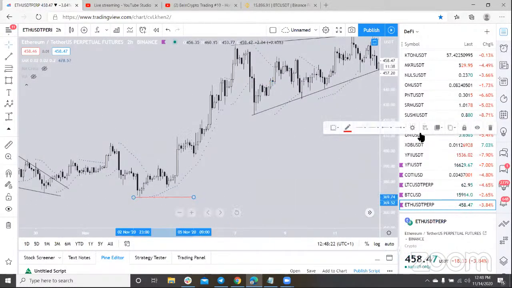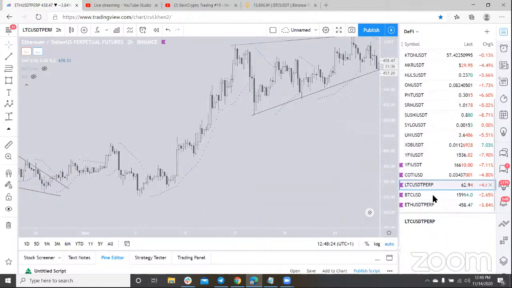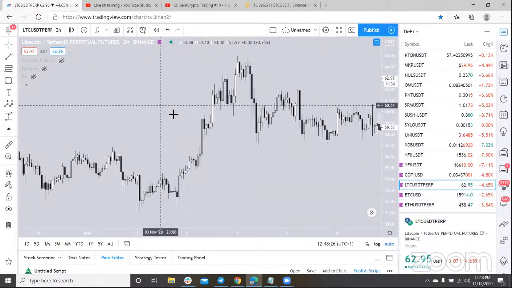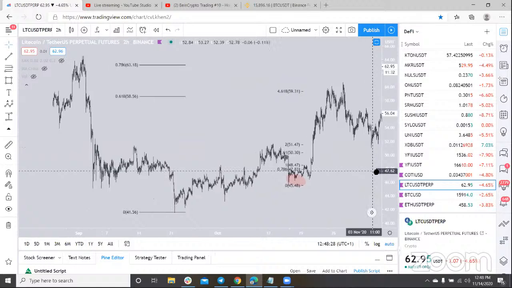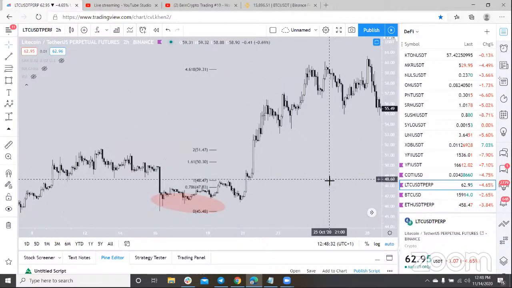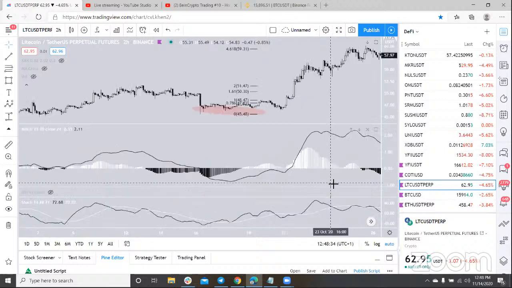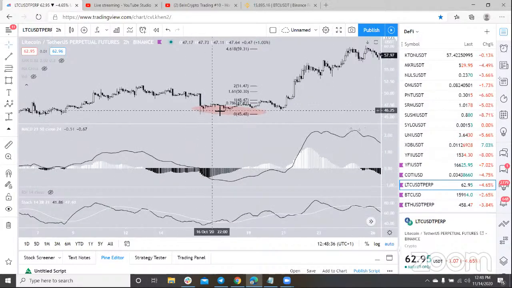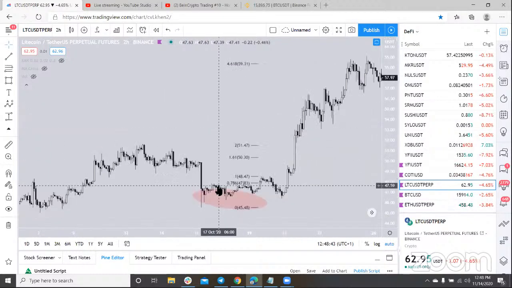Now let's go to a different example. Again, we had the trigger here and we entered here. So the stop loss would be placed.